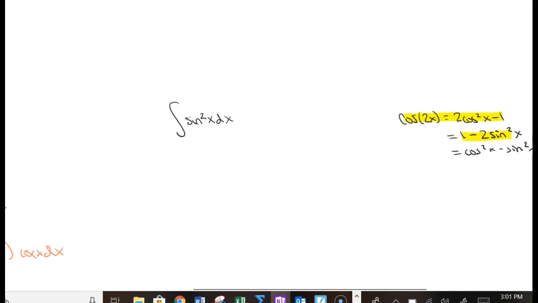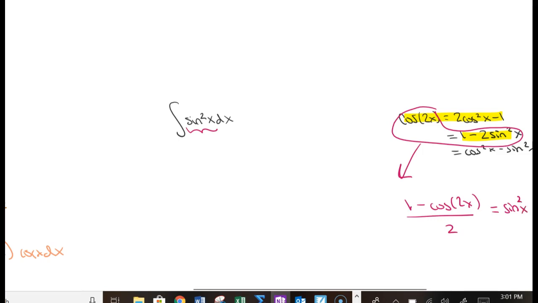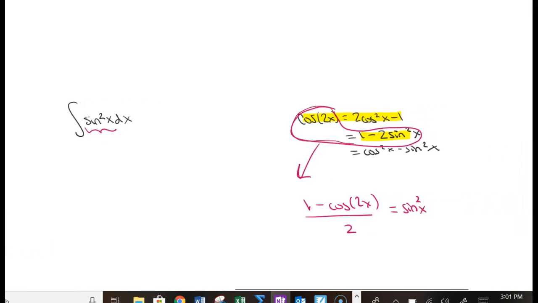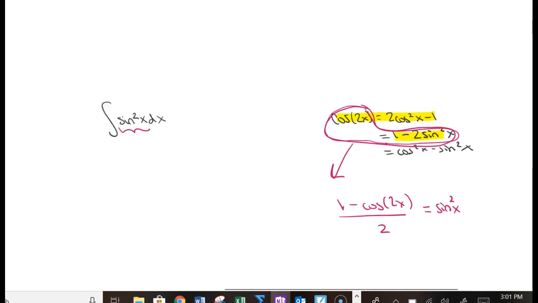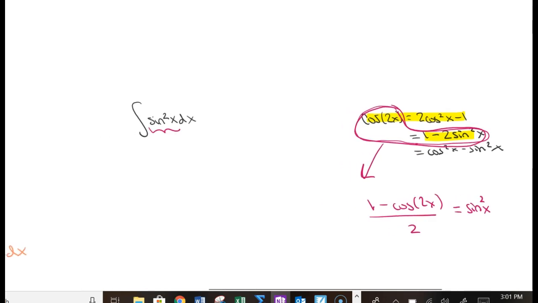Here's why. When you have this integral, you're going to rewrite sine squared x as 1 minus cosine of 2x all divided by 2. This equals sine squared x. All I did was rework this equation and solve it for sine squared x. Then I go back and substitute in the indefinite integral of 1/2 minus cosine of 2x over 2 dx.